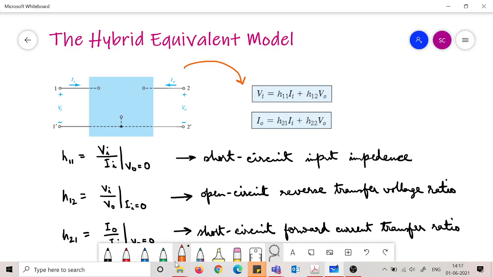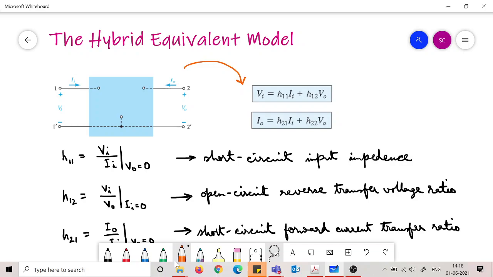Okay, so going ahead, let us now work with these equations. We are trying to understand what these H11, H12, these things mean actually. Very easy to see what they mean. H11 is nothing but Vi by Ii when V0 is 0. So if V0 is 0, H11 is Vi by Ii. So you see, we are defining it in that light only.